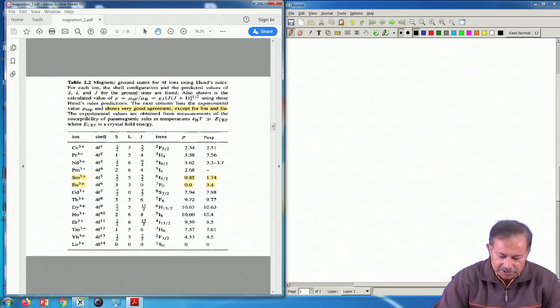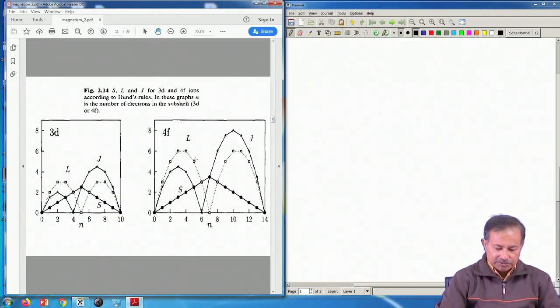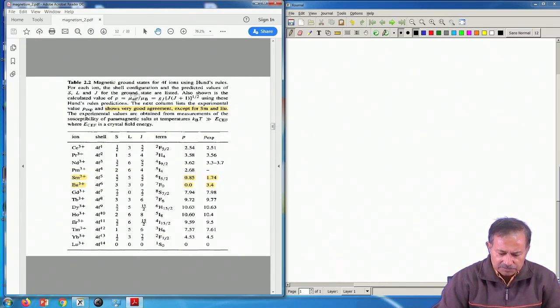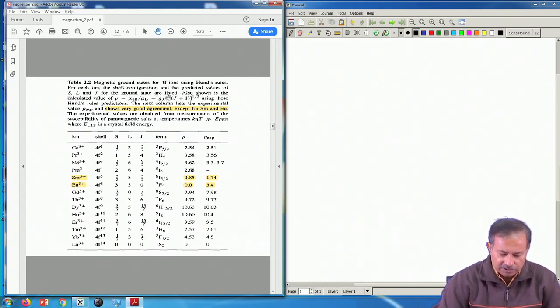Now, this is the magnetic ground state for 4f ions, whose configuration scheme is given on the right hand side here. Using Hund's rule again, for each ion the shell configuration and the predicted value of LSJ for the ground state are listed, which we already did.